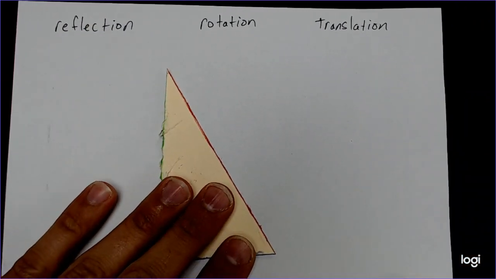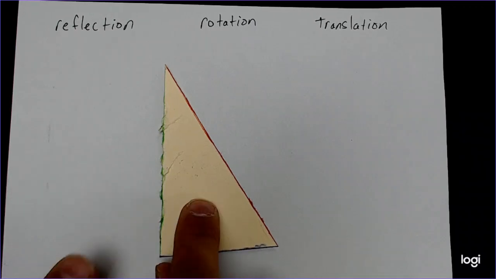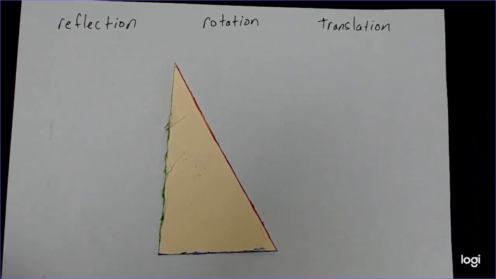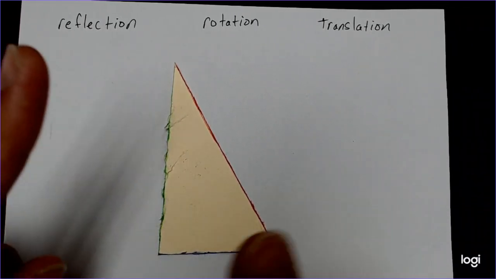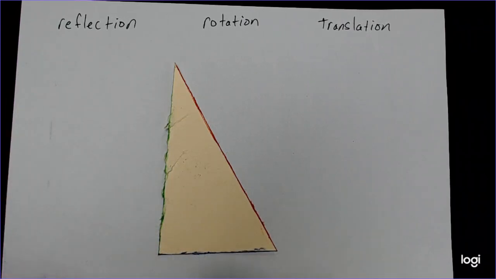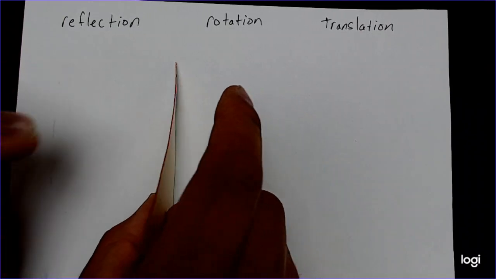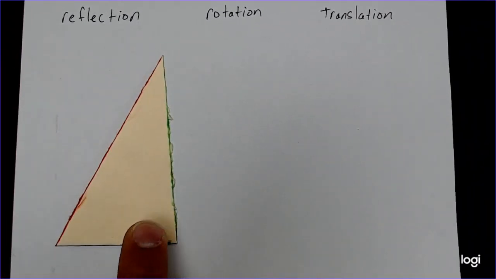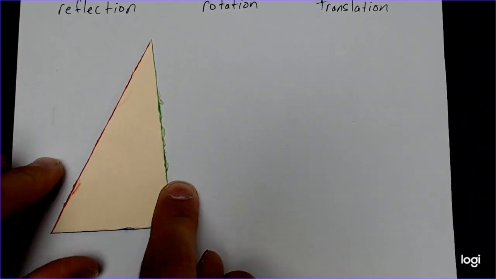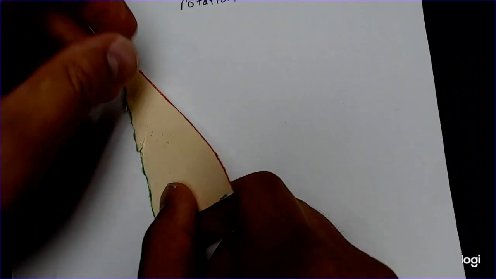So let's talk about reflection. Reflection is when we take this shape and move it along one side. I can flip this triangle along the green side and reflect it that way, and then reflect it back along the green side.